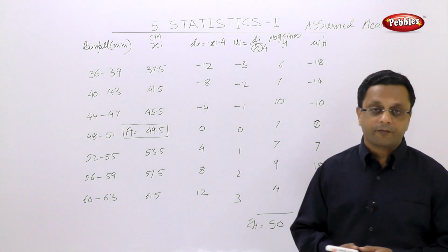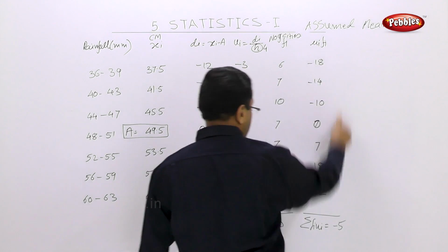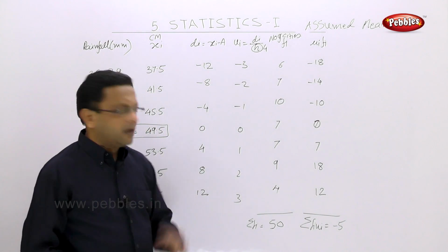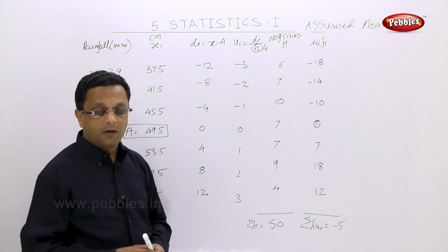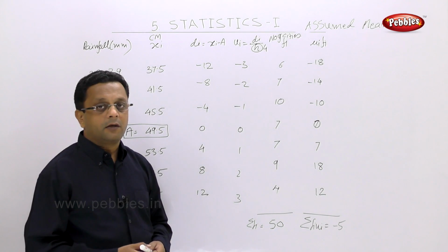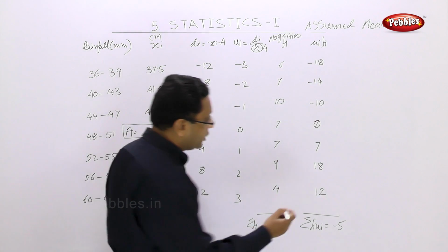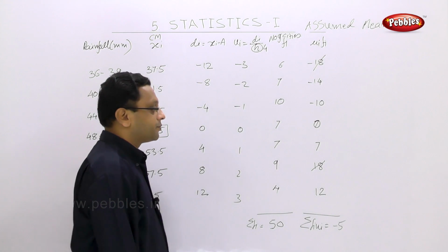Okay? Now, whenever you do the summation of this, right now the numbers are not very big, but remember, whenever big numbers are there, always try to first eliminate things. Now here, this 18 I need not calculate.